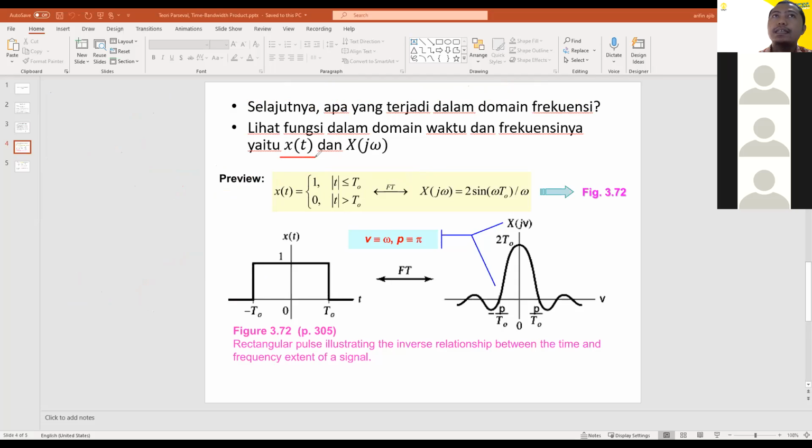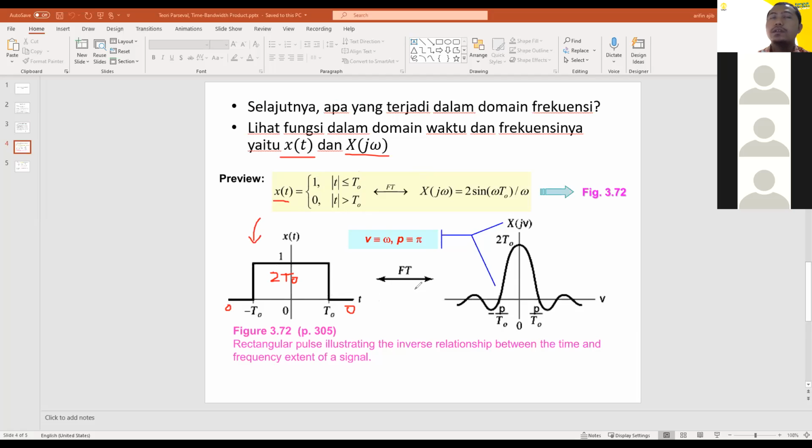This is x(t) in time domain and X(j omega) in frequency domain. Mathematically, you can see here the magnitude is equal to 1 when the magnitude of t is less than or equal to t0, from minus t0 to t0, so the duration is 2 times t0. At other times it is 0, there is no signal.